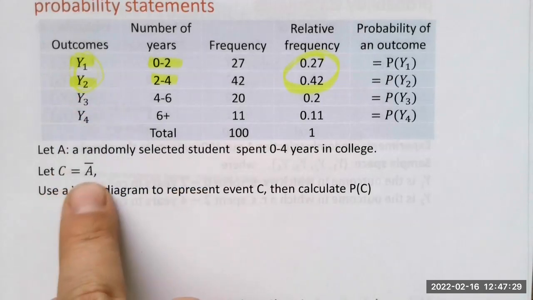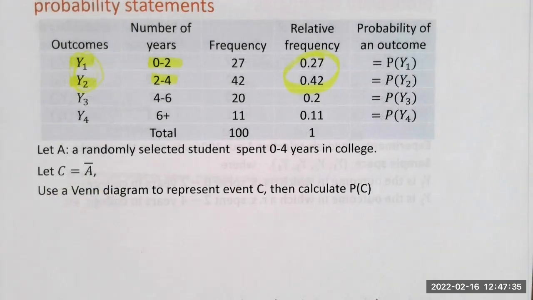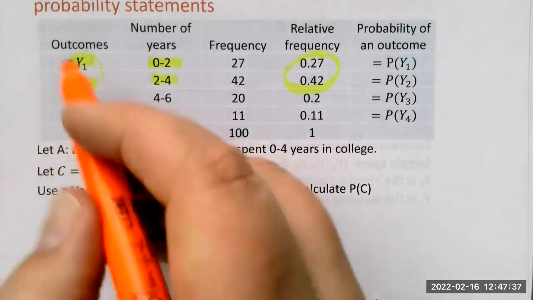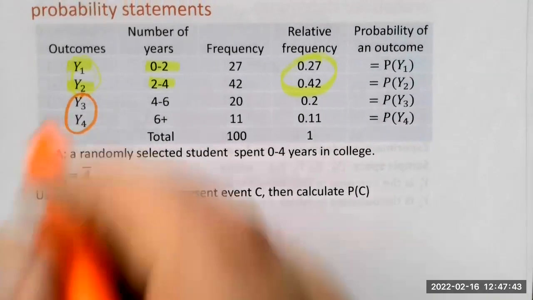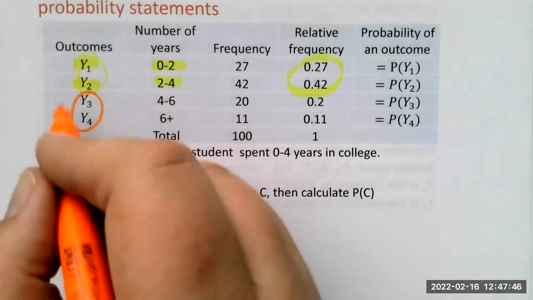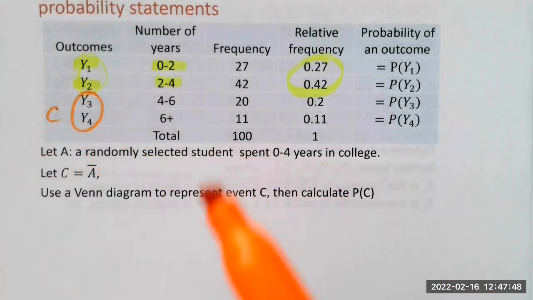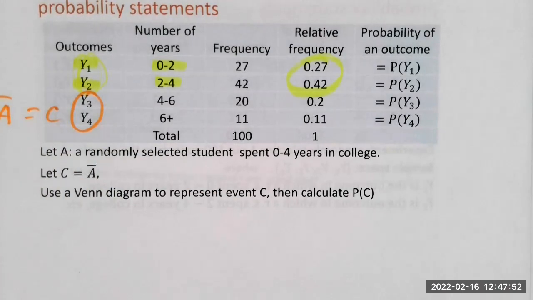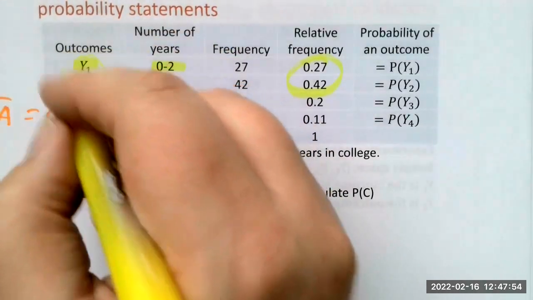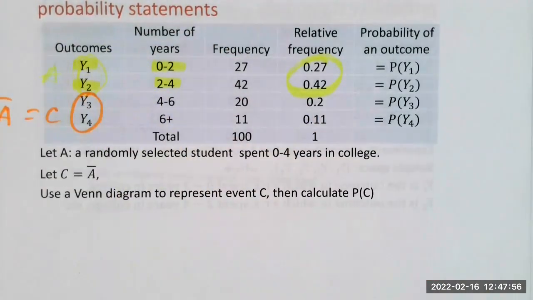Now let's represent not A, or the complement of A. That would include the rest of the sample space, which would include outcomes Y3 and Y4. So this is our C, which is not A. And this right here is event A.